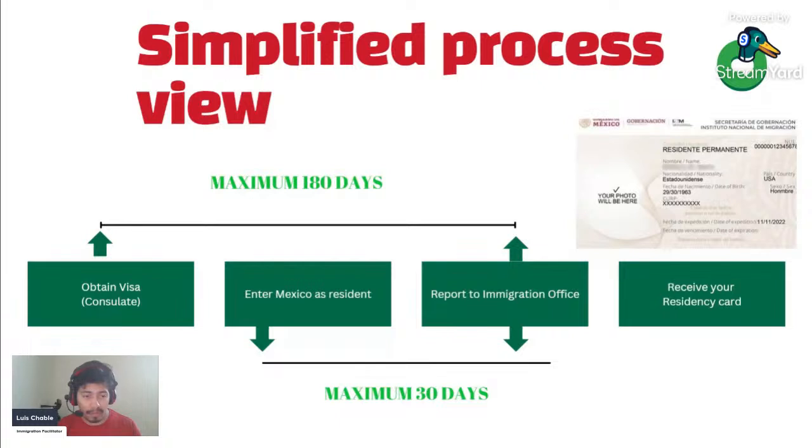Outside my country, you have 180 days. But when you come to my country and enter Mexico as a resident, when you show your Mexican visa and obtain this form, FMM, you have 30 days to report to the immigration office and receive your resident card.